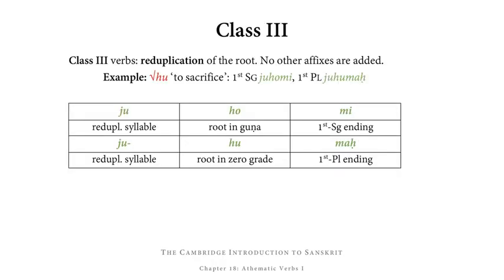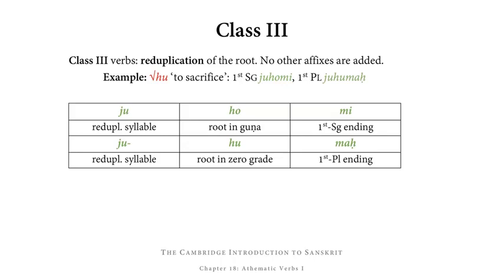Next up, class 3 has something called reduplication that we're going to look at systematically in just a second. So class 3 verbs reduplicate the root. They do not add any other affixes, and it's the root that is in guna in the strong forms and in zero grade in the weak forms. So, for example, of the root hu, to sacrifice, we get a first singular juhomi and a first plural juhumaḥ.